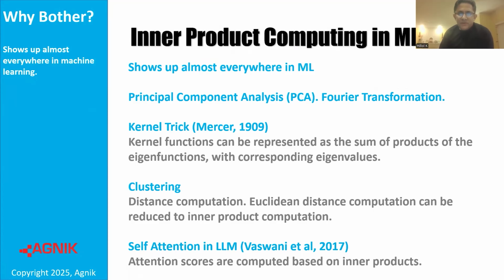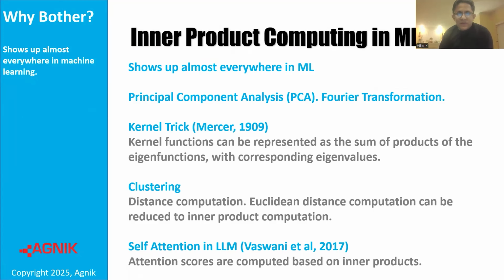Similarly, Fourier transformation is also another example of an orthogonal transformation, and both of them, eigenvector transformation and Fourier transformation, preserve inner product. The kernel trick, if you're familiar with support vector machines, essentially allows you to compute the inner product in a high-dimensional space without having to construct the high-dimensional space explicitly. Mercer's theorem, for example, provides some elegant results supporting this kernel trick.